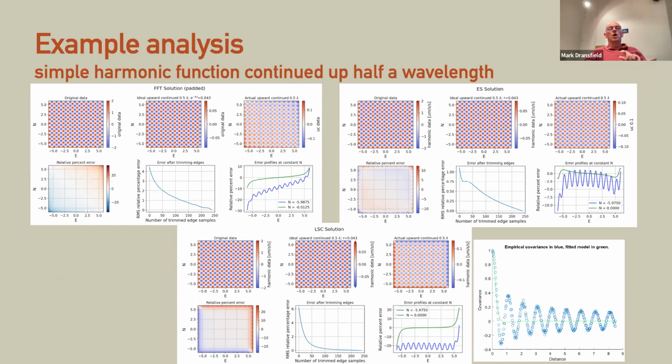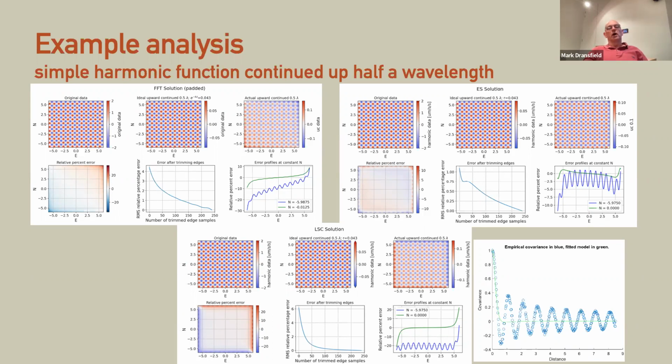In fact, it's 1/2 of a wavelength higher. The third image from the left on the top is what the FFT upward continuation algorithm produced. So you can compare that with the middle one, which is the truth. And you can see there's some difference. In the second row, starting again from the left, we have the relative percent error between those two.